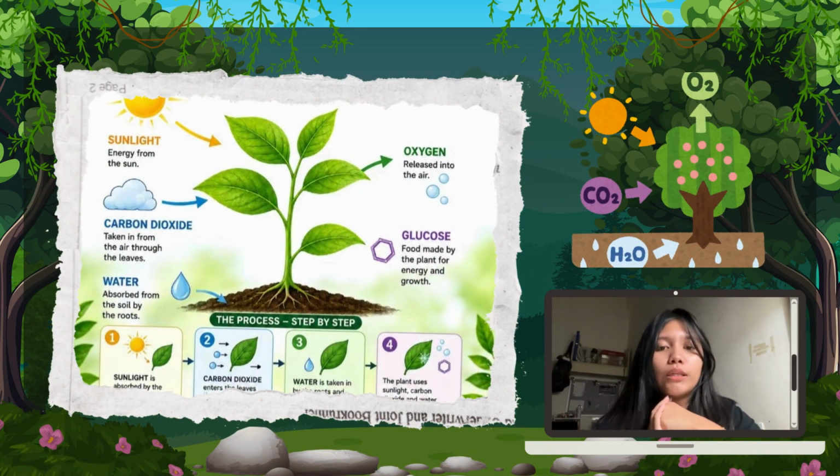Photosynthesis not only provides food for plants, but also produces the oxygen we breathe and helps maintain a healthy environment. Without photosynthesis, life on Earth would not be possible.